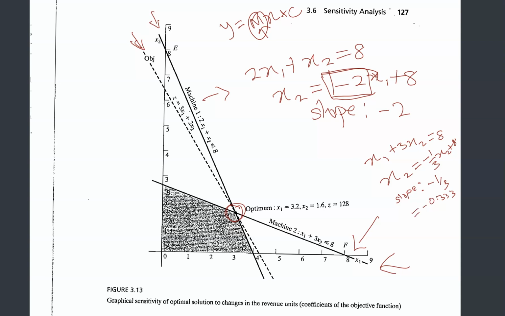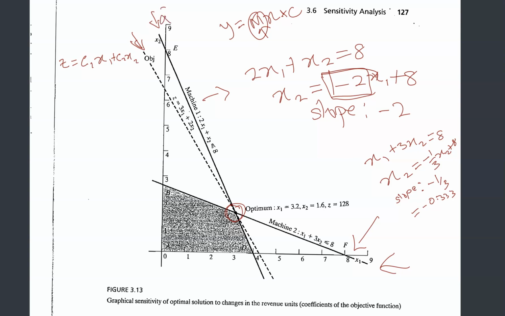Then for the objective function, the general form is c1 x1 plus c2 x2.